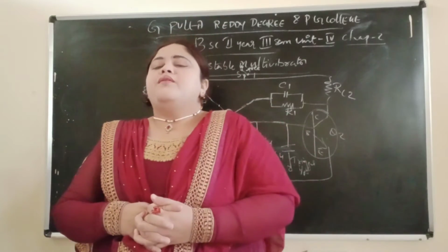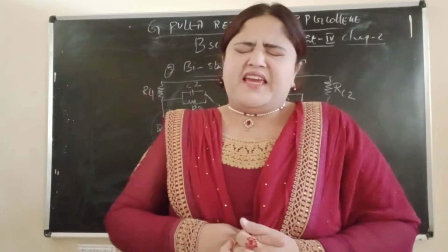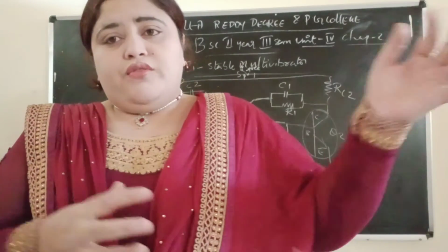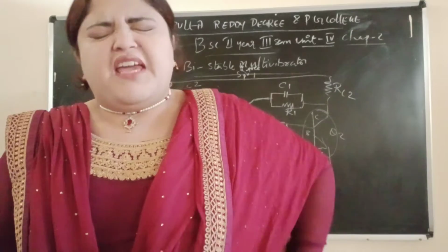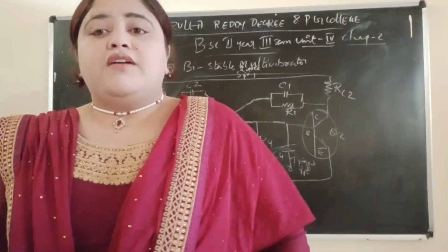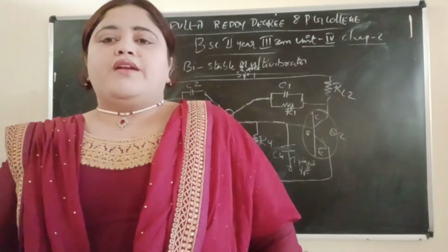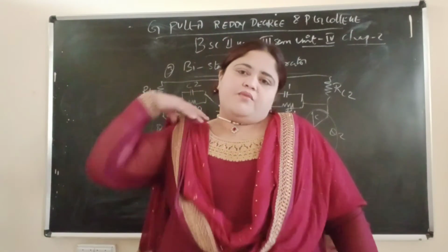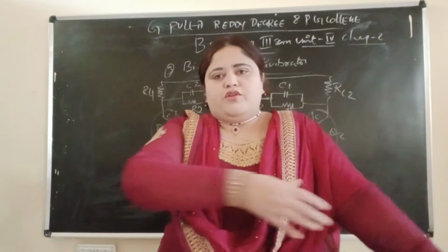Fine. Now, initially, the same operation of astable that you learned there, you will copy here, more than enough. Not a single word will be changed. Whatever astable operation is there, if you copy the same operation here, that is more than enough for you.